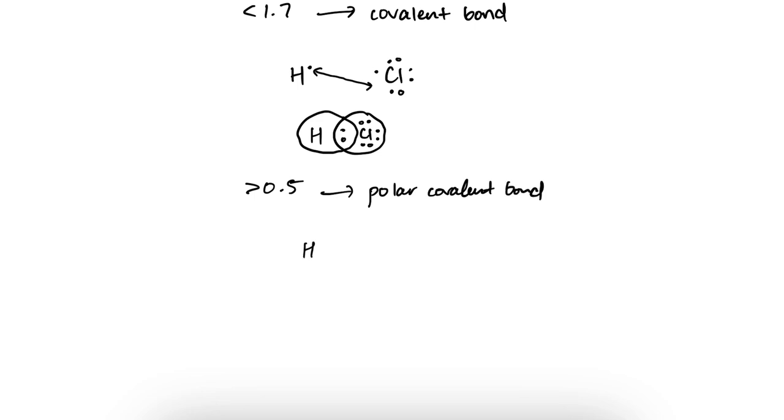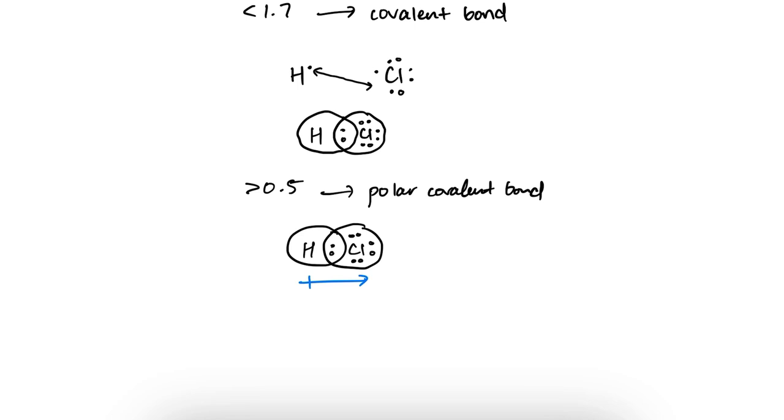We call this a polar covalent bond then because the electronegativity difference is just great enough for the electrons to be distributed more heavily towards the atom with the greater electronegativity. It's still not quite strong enough to completely pull that electron away, but it's strong enough for the electrons to sort of gravitate more towards the atom with a stronger pull.